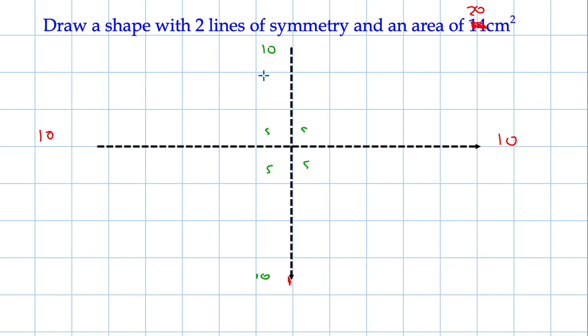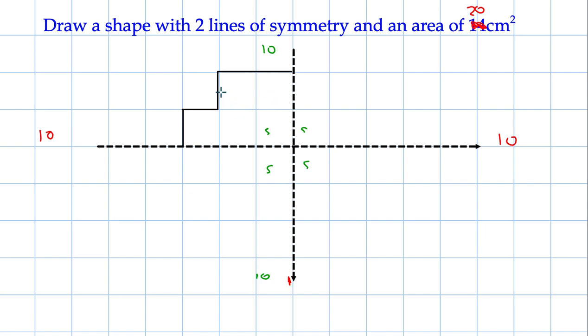It's a wee bit tricky, so I'm going to draw a shape. Let's get the lines going. Here we go. So if I go from here along and just draw a shape that's got 5 boxes, there we go.